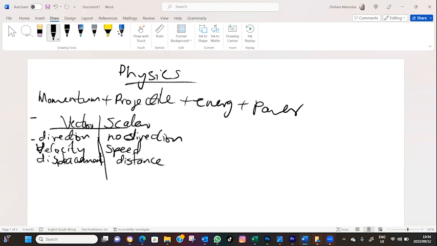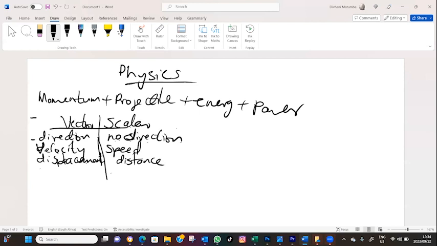Now, a vector has magnitude and direction, and the scalar has no direction. It's only a magnitude without a direction.